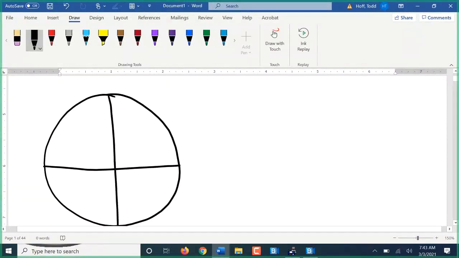And those crosshairs are in the middle of that. That's a little bit better.